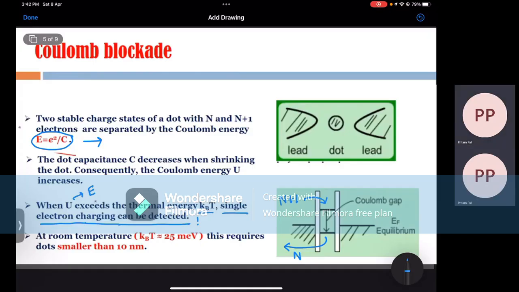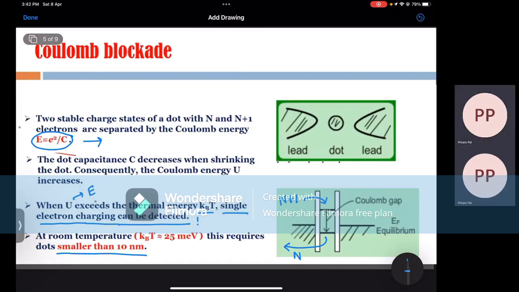And if we want this Coulomb energy to be greater than this energy, then the dimension should be smaller than 10 nanometer, because our purpose here is to create this Coulomb blockade, right?